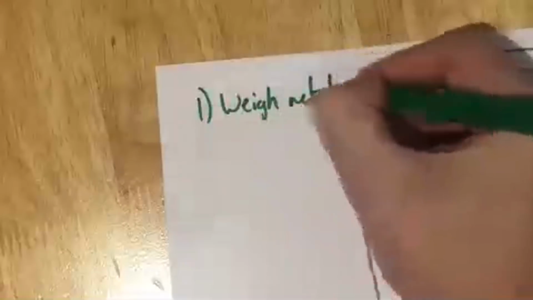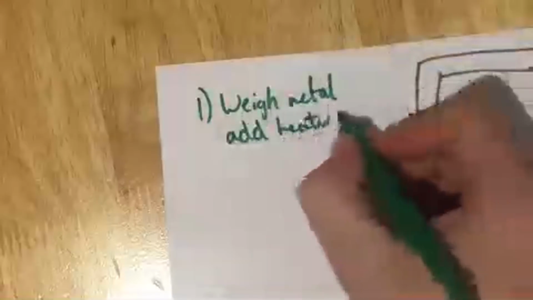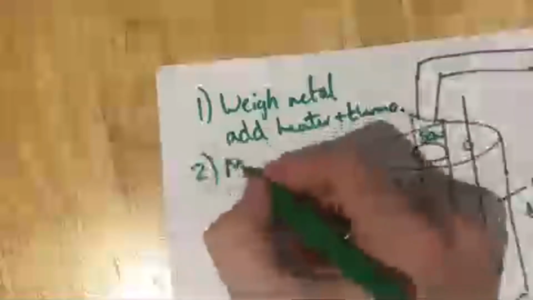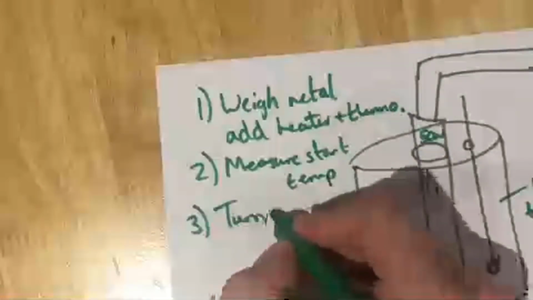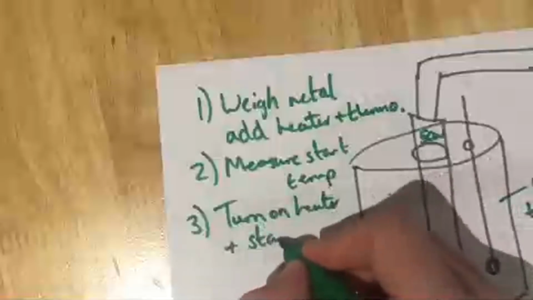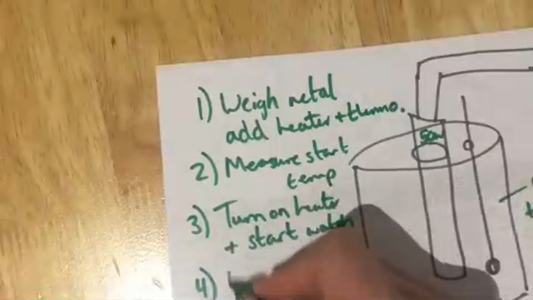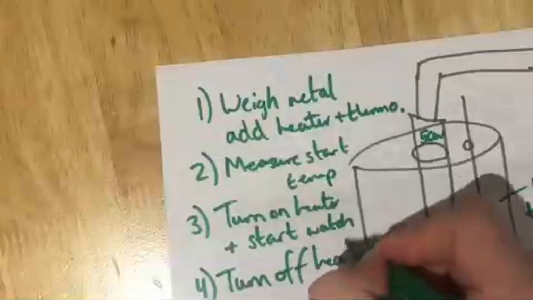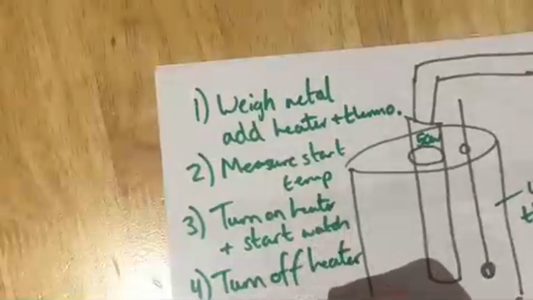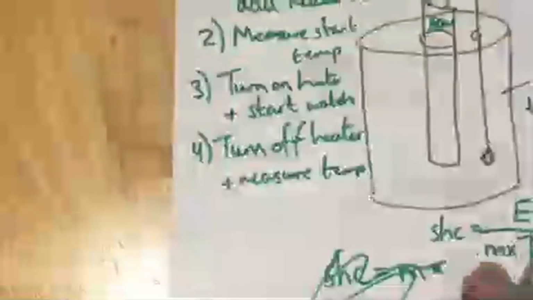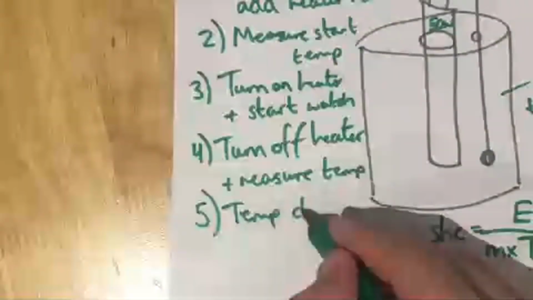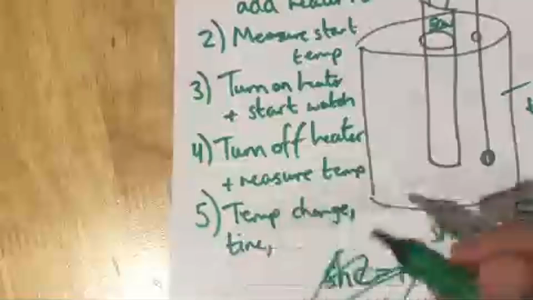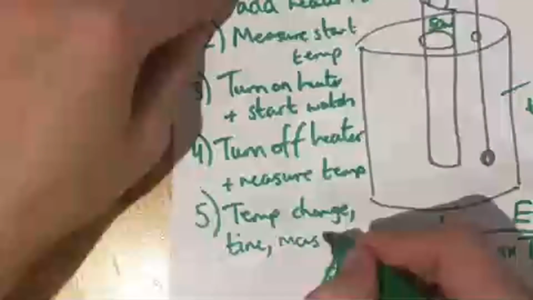So the steps: 1, weigh the metal, add the heater and thermometer. 2, measure the start temperature. 3, turn on the heater and start the watch. 4, turn off the heater and measure the temperature. 5, you then use the temperature change, the time and the mass at the start, and then you can work out specific heat capacity.